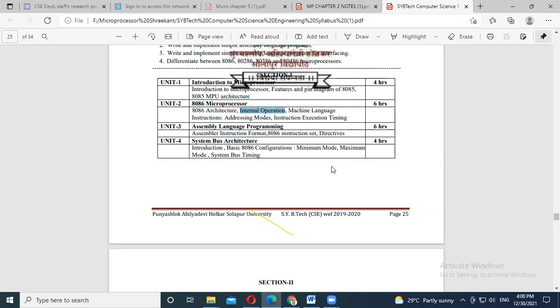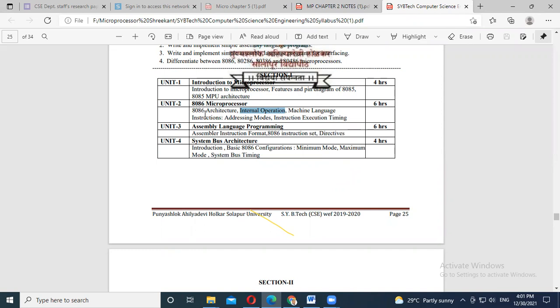Up to now, what we studied is the architecture of 8086. Architecture means what are the components of 8086: special registers, general purpose registers, the four different types of segmentation, and the encoder, decoder, ALU, those things.